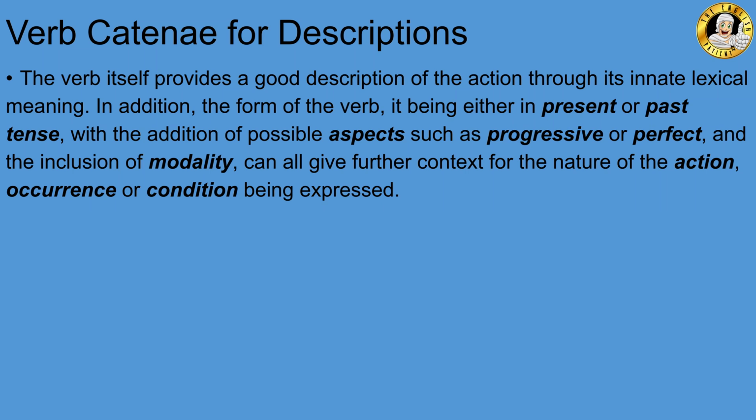We have just present and past, those two. And then you also want to decide which aspects you might want to add. And we have two aspects in English, progressive and perfect. Right? And then you want to decide if you want to include modality as well. All of this can actually help to give more detail as to the exact nature of the action, the occurrence, or the condition being expressed.